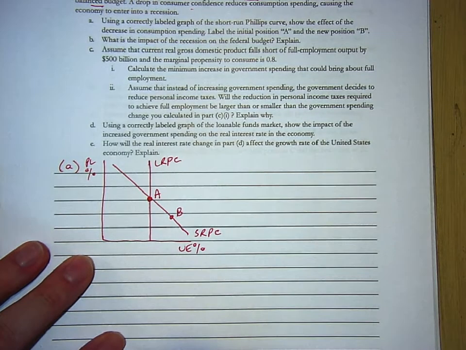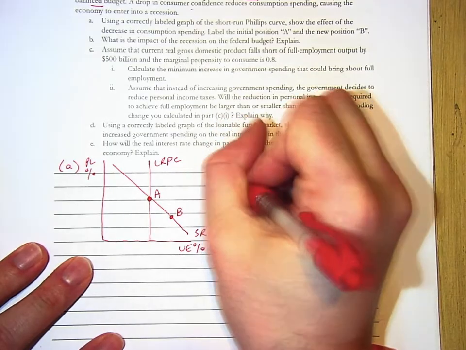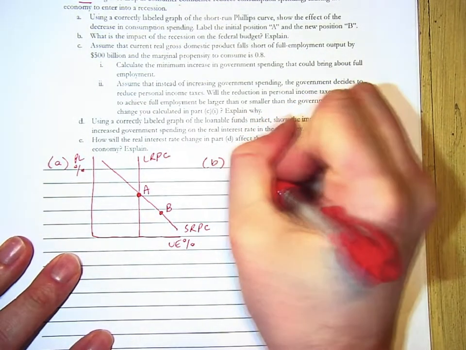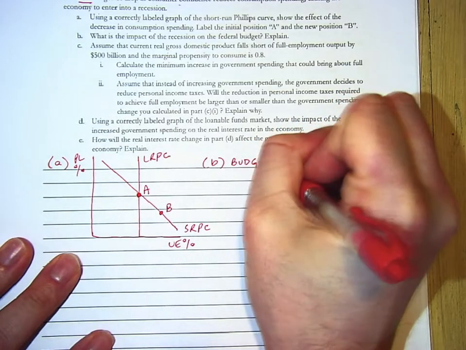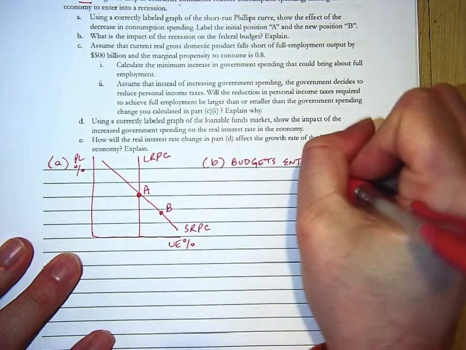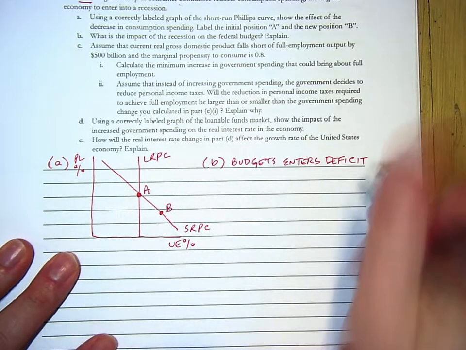Now part B: what's the impact of the recession on the federal budget? Explain. So we would typically say that the budget moves to deficit, enters a deficit. Now, why would that happen? That's an important question to be able to answer.